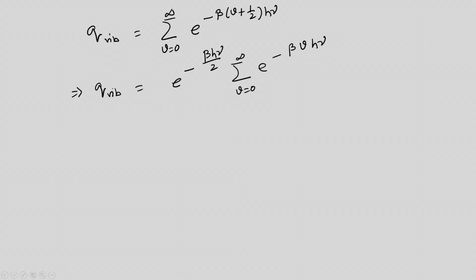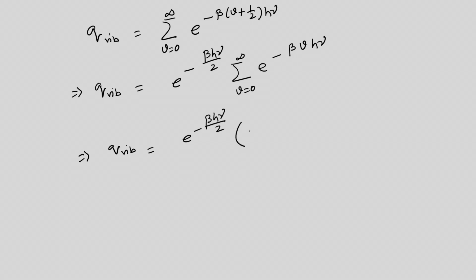You can take out e to the minus beta h nu by 2, and inside the summation we have v goes from 0 to infinity e to the minus beta v h nu. So, you get Q vibrational is e to the minus beta h nu by 2.